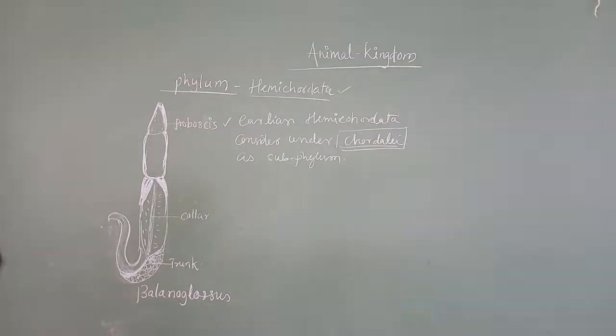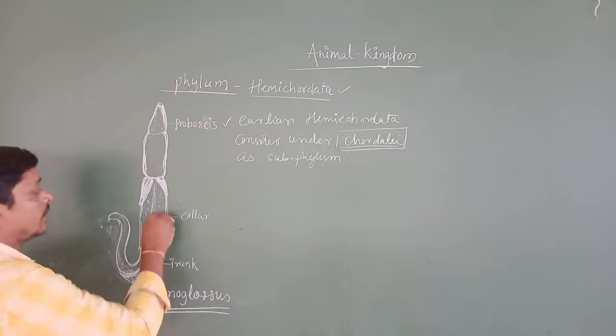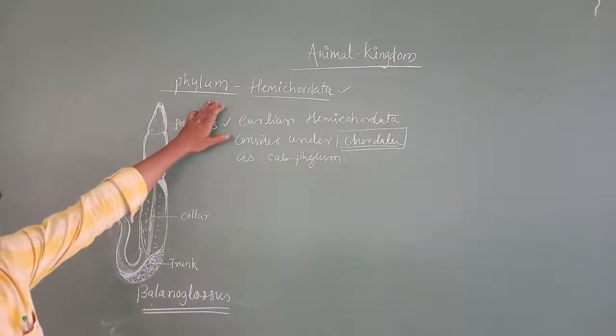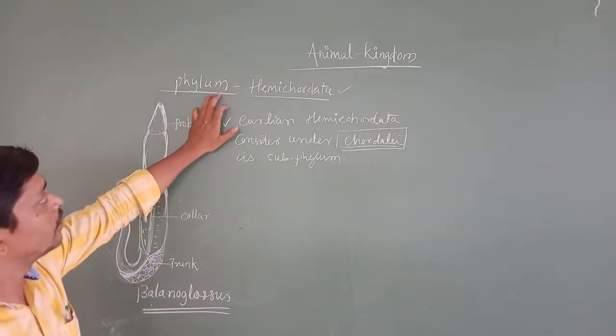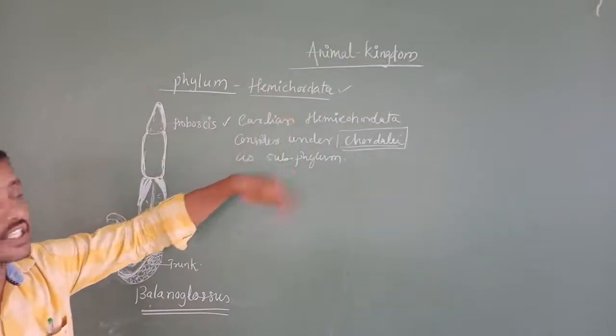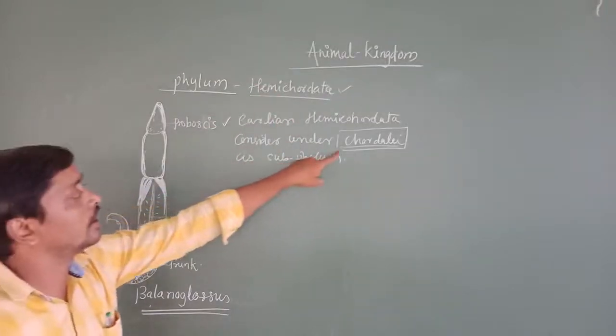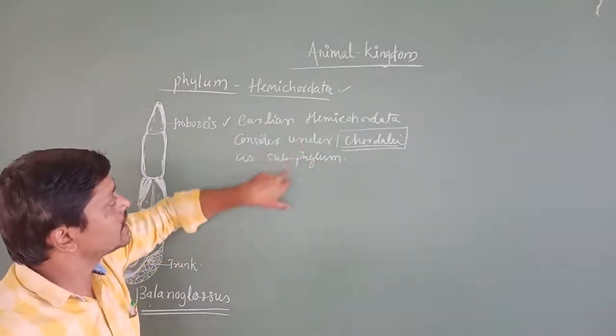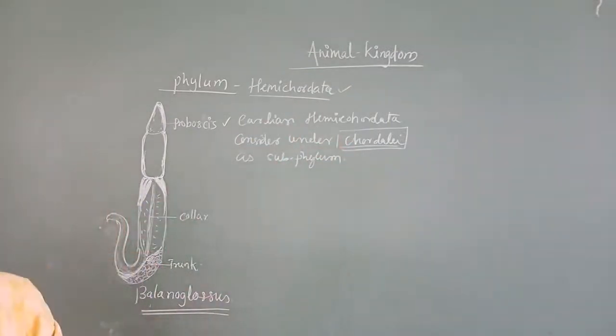Balanoglossus is an example that comes under Hemichordata, and we are now studying the phylum Hemichordata. Earlier this was considered a subphylum under Chordata, but nowadays it is considered a separate phylum called Hemichordata.